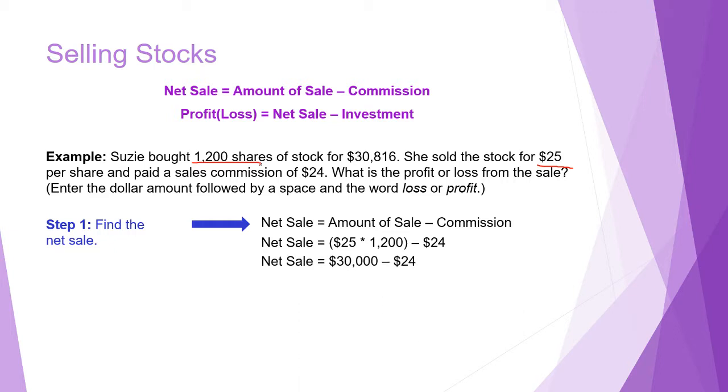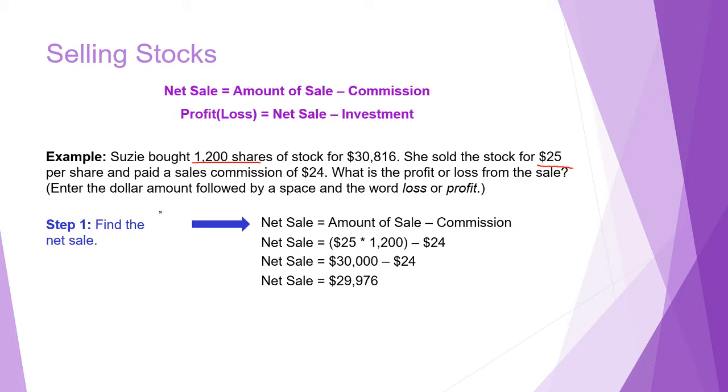So that's going to be $30,000. She sold for $30,000 in total. And remember, we need to subtract the commission from that because that's not part of what we earned. We want to make sure that's not counted towards it, giving us $29,976.